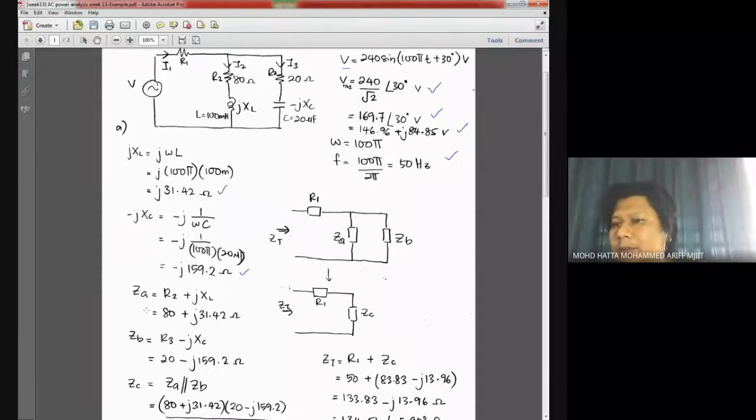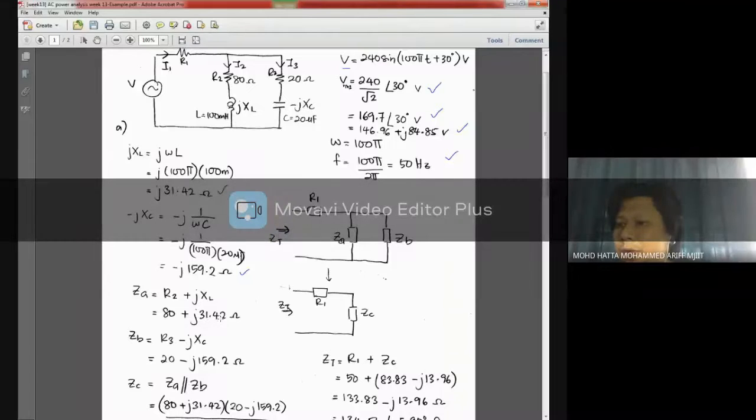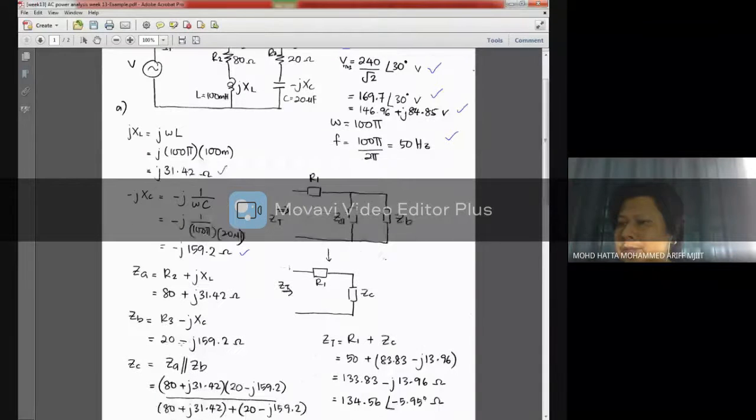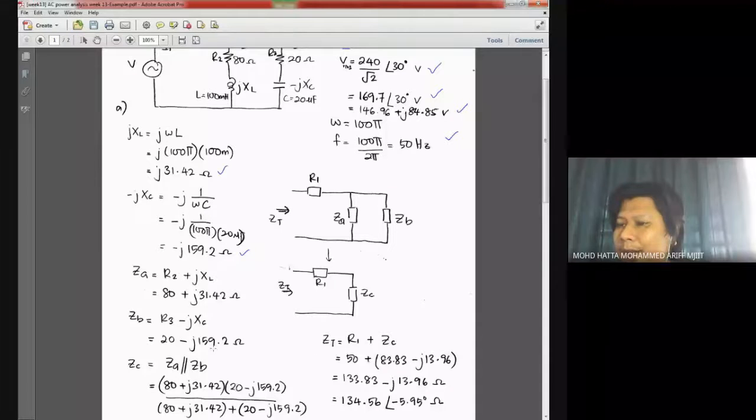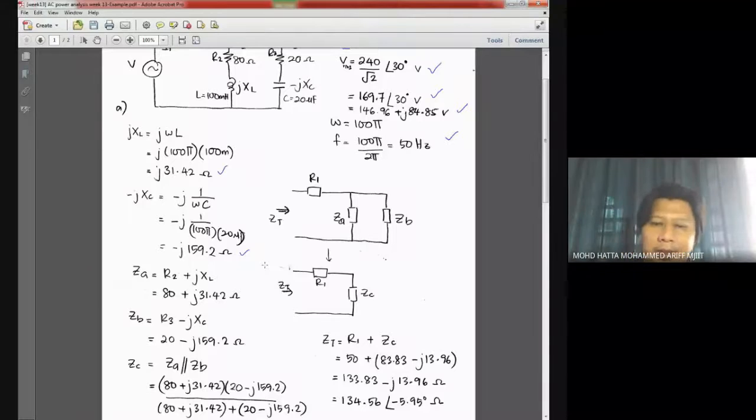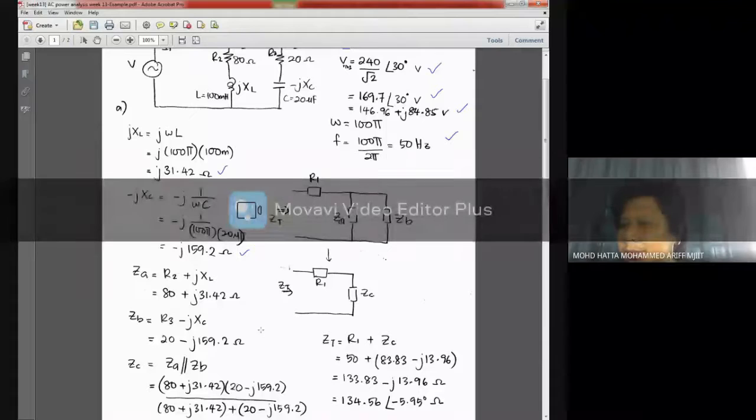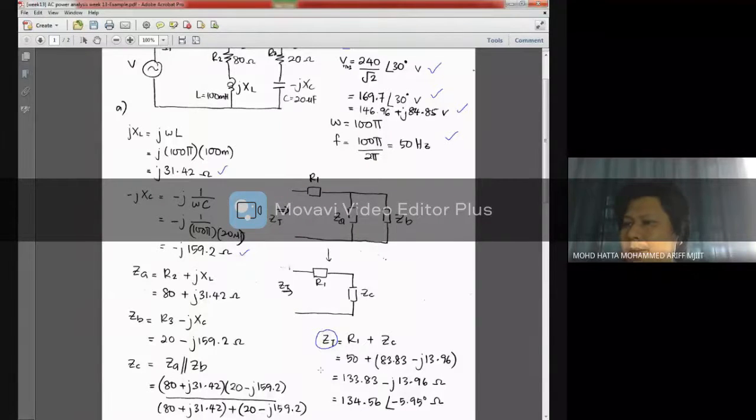Now, ZA is 80 plus j31.4 ohms, that is for the first branch. For the second branch, I label it as ZB. ZB is 20 minus j159.2 ohms. Since our main target is to find the total impedance, this is our end goal.